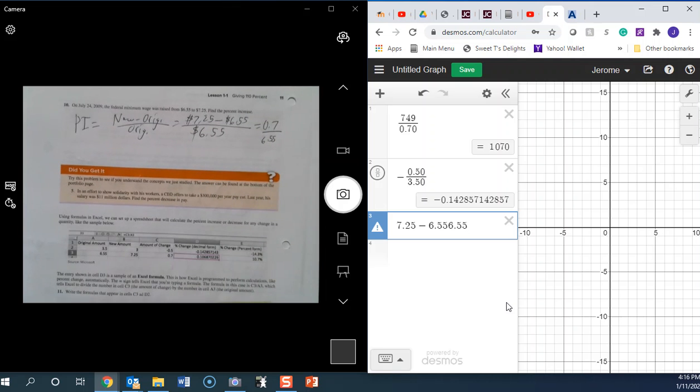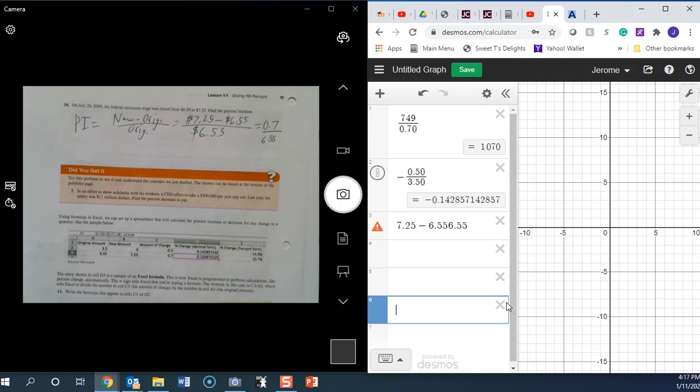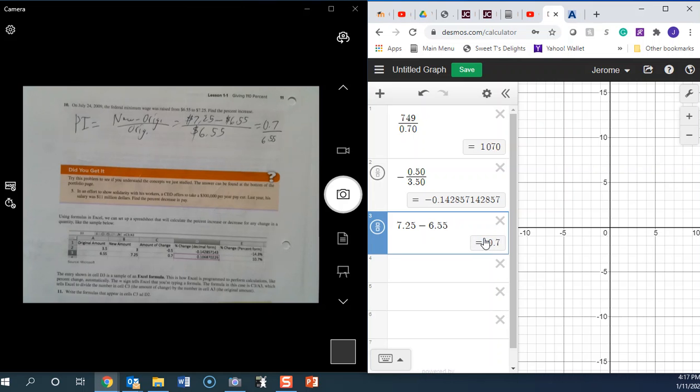Oh, so I typed a little bit too many of them. All right. Supposed to be divided by, oh no, that's right. Minus 6.55. And that will give us 0.7.